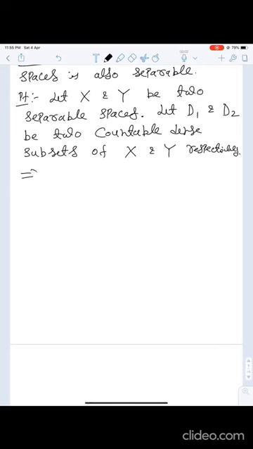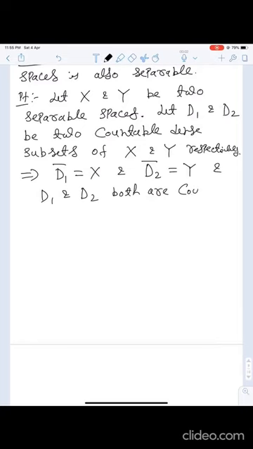That implies D1 closure equal to X and D2 closure equal to Y, and D1 and D2 both are countable. Now that will imply D1 cross D2 is also countable, right?